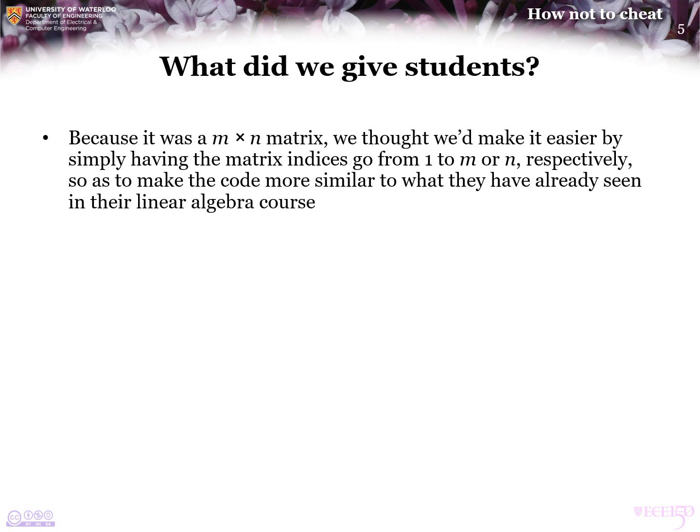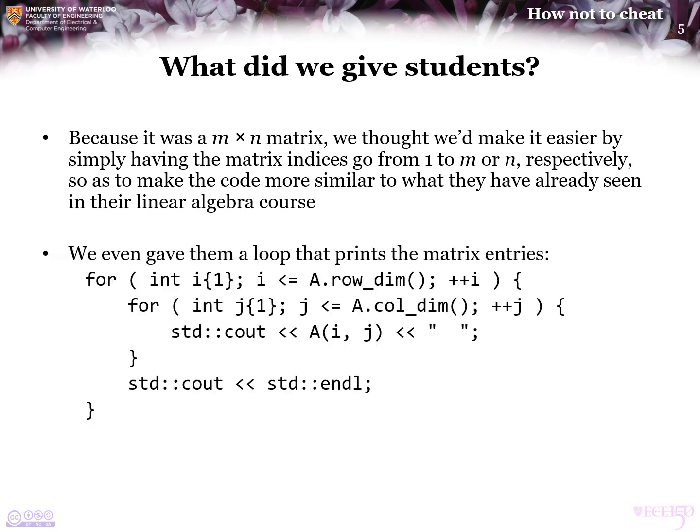Now, because it was an m by n matrix, we thought we'd make it easier by simply having the matrix indices go from 1 to m or n respectively, so as to make the code more similar to what students had already seen in their linear algebra course. We even gave them a loop that prints the matrix entries.